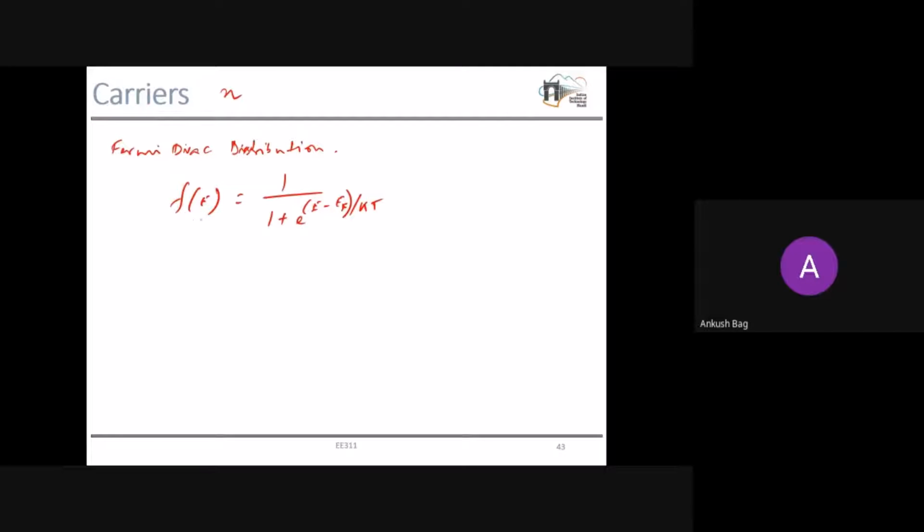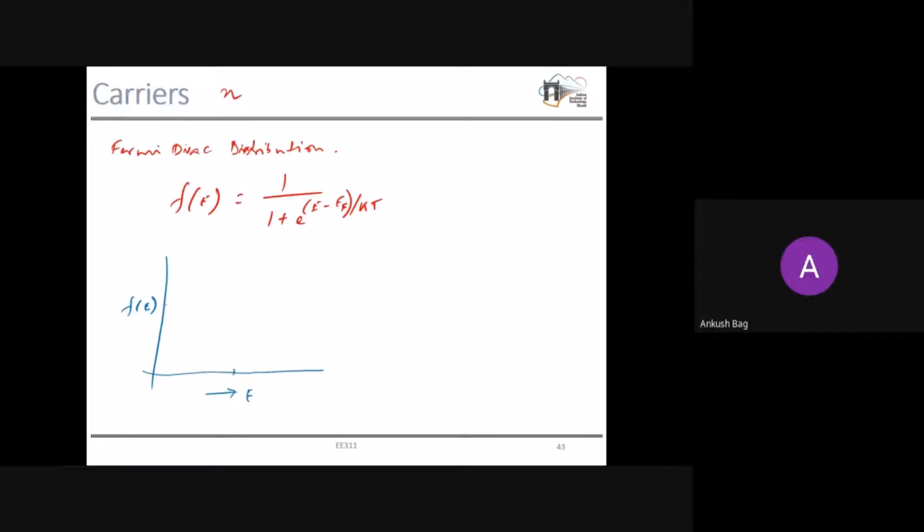This is the probability of finding any electron with energy E. Now this distribution will look like, I think you have all seen this, the distribution of the Fermi function with energy E.